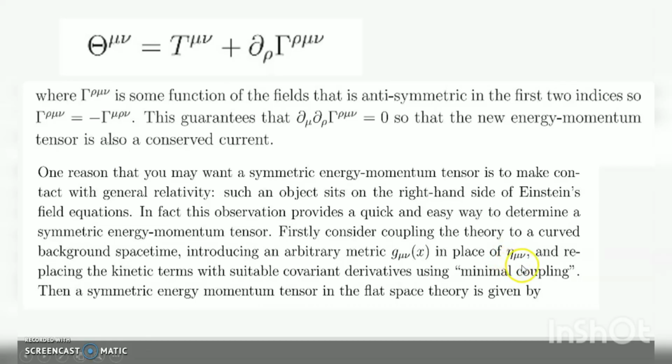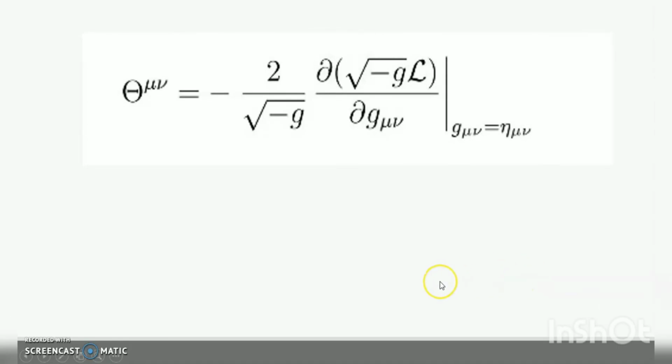Then the symmetric energy momentum tensor of the flat space theory is given by this. It should be noted, however, that the trick requires a little more care when working with spinors. Okay friends, I hope that I gave some idea about the quantum field theory.